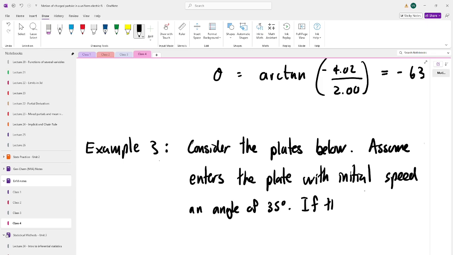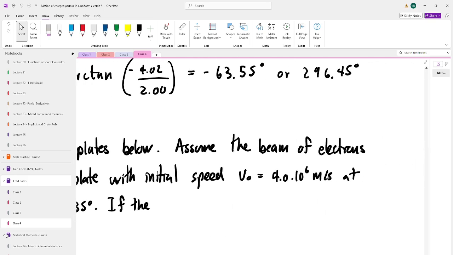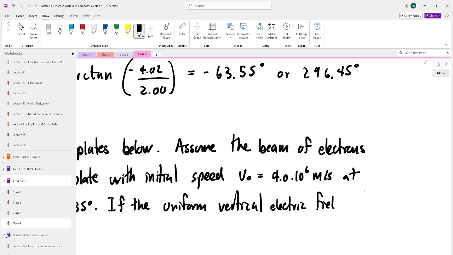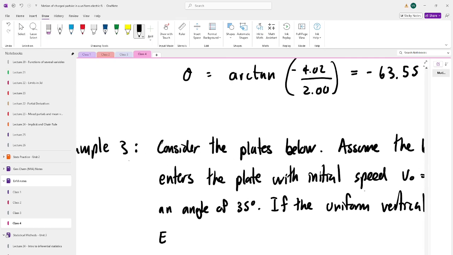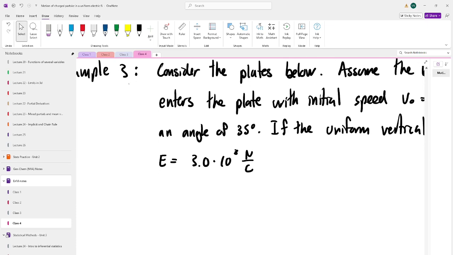If the uniform vertical electric field is E equals 3.0 times 10 to the 3 newtons per coulomb, how much time did the electrons spend between the plates?